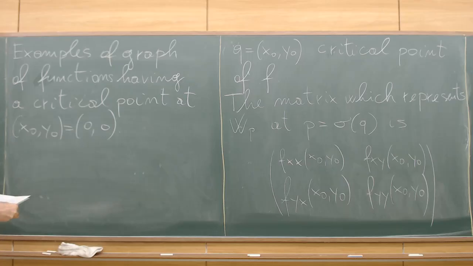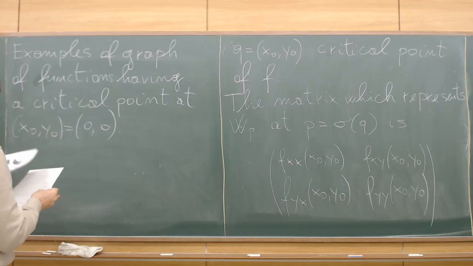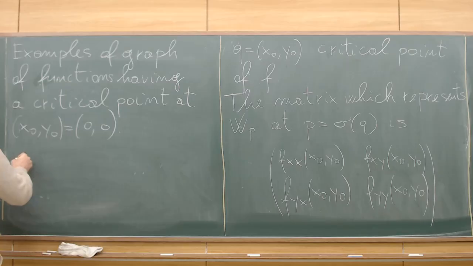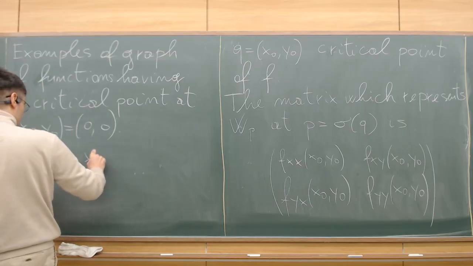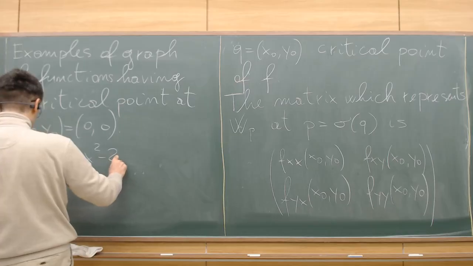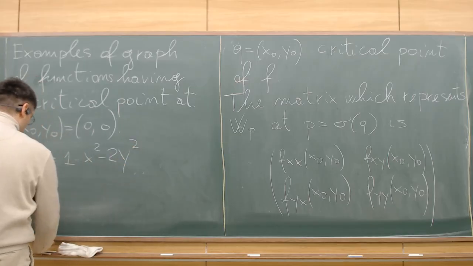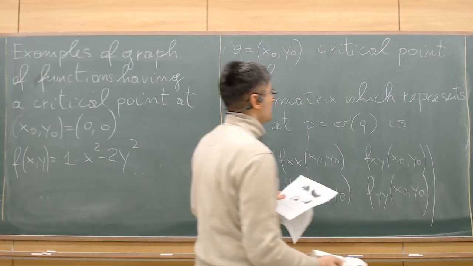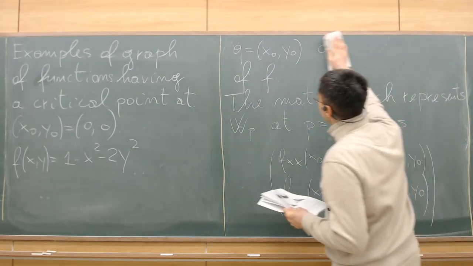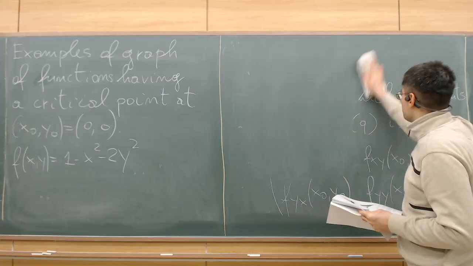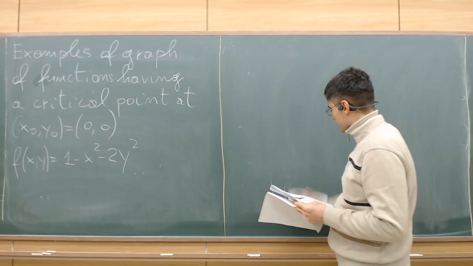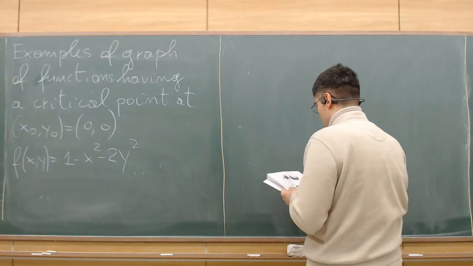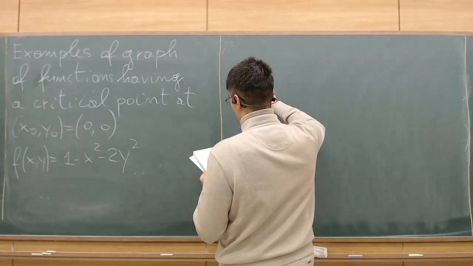The first example is the one of the function f of x, y equal 1 minus x squared minus 2y squared. So how does the graph of this function look like? It looks like this.